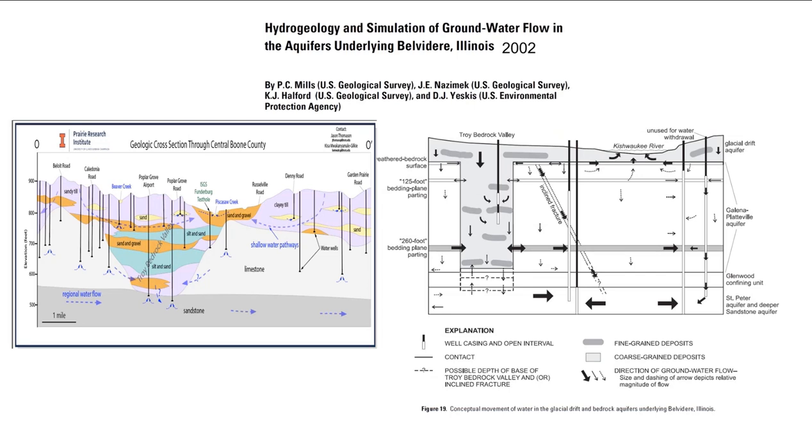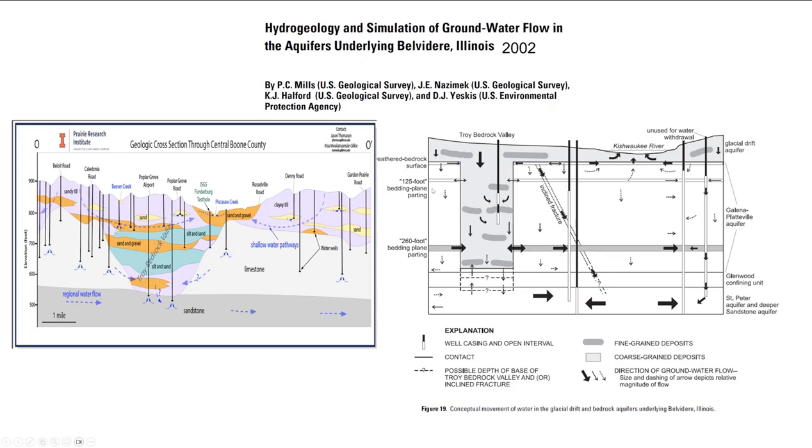That incision is really one of the major ways that shallow water can be connected to the deeper sandstone, and also connected to the shallower limestone as well. You see, Pat Mills' arrows are going all over the place. So he's trying to estimate fracturing and connectivity between the shallow glacial material and the limestone. And we do see, oh man, I can go on forever. I'm sorry.